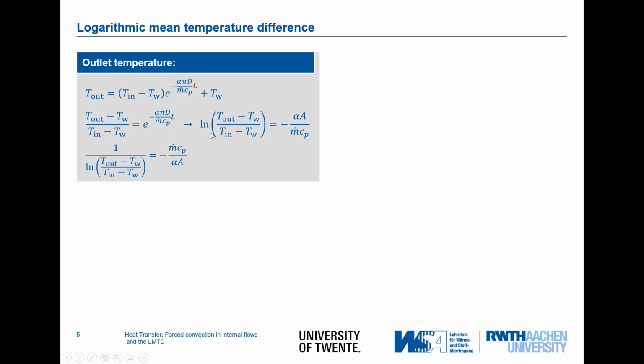Now, the last step that we can do is flip the signs. So here the mass and heat capacity are on the top, and on the other side we have 1 over this logarithmic expression. This is one part that we need to calculate the logarithmic mean temperature difference.